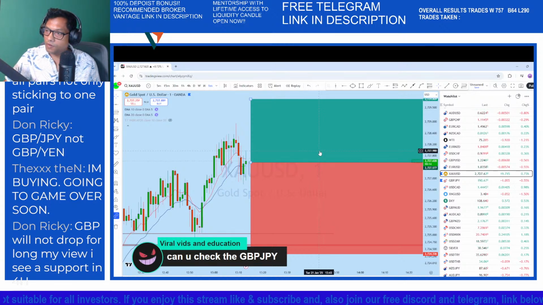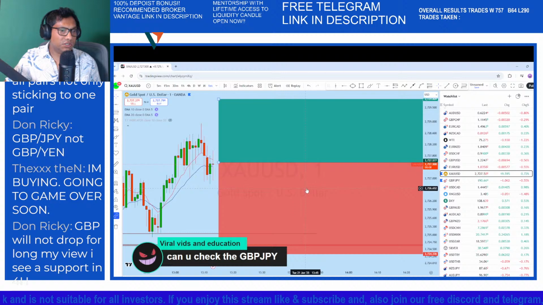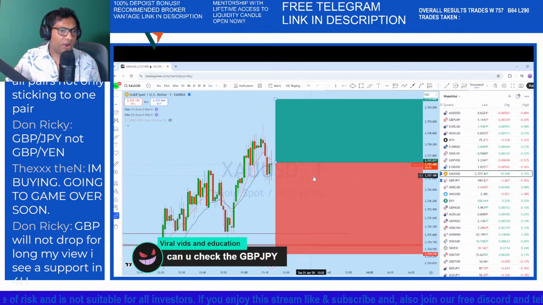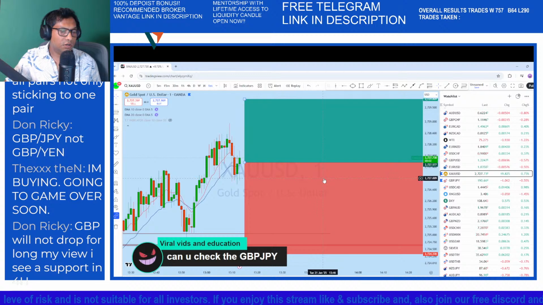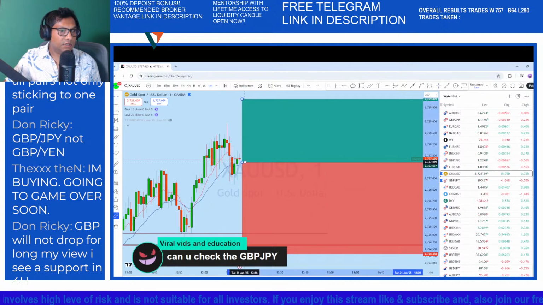While we see the GBPJPY moving in the direction, XAUUSD struggling to bounce, so we might need to find a potential exit point on gold once we see it's gone enough to the upside.